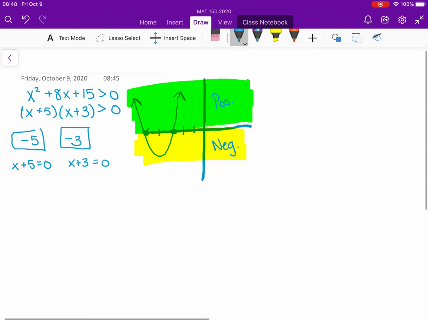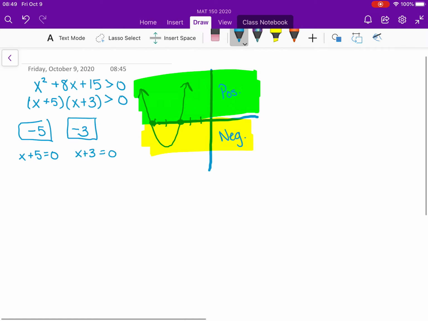Well, that helps me because I then see my original inequality says this function is greater than 0. Well, greater than 0 is positive. So these are the intervals, here and here, where all the values are positive because it's greater than, okay?